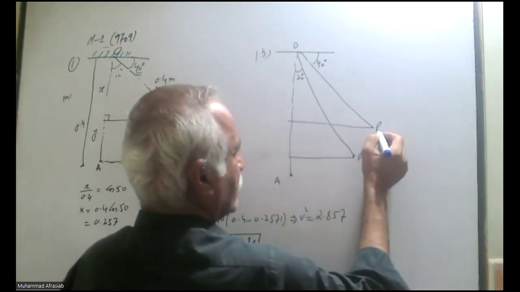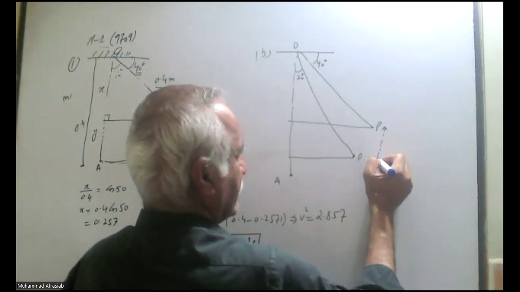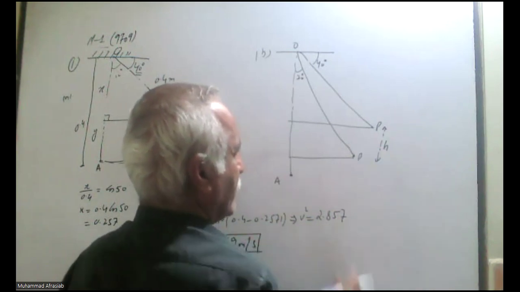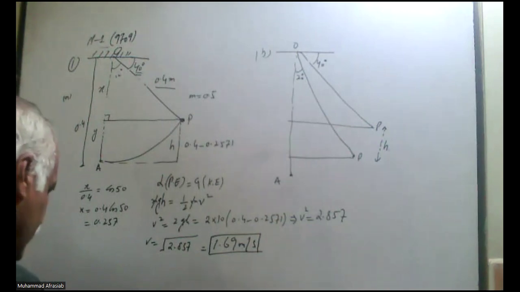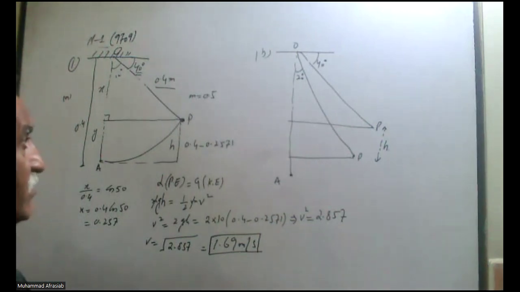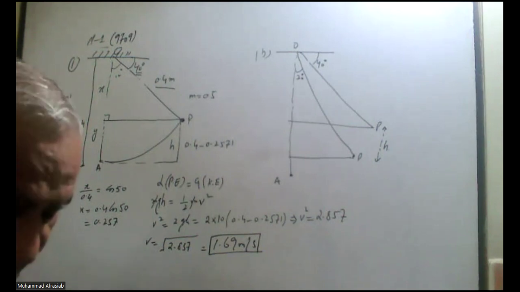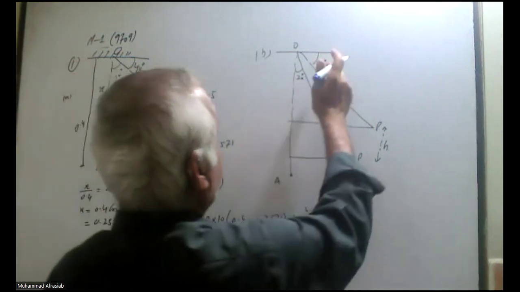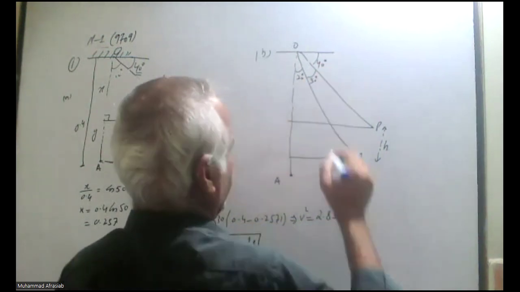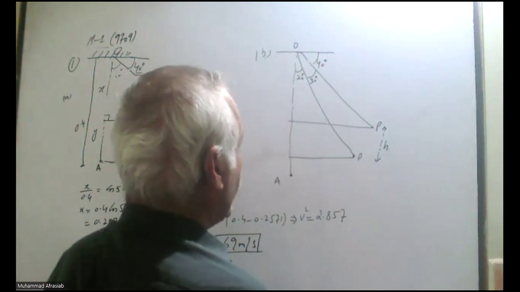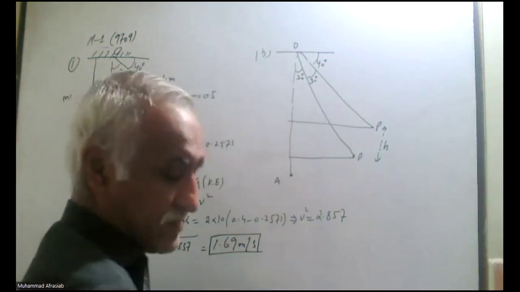So the total height is the height of these two values. We are going to calculate when it is making an angle of 20 degrees with the vertical. So it is 20, it is 40. So this angle will be 50 degrees. So we are going to calculate this height there.